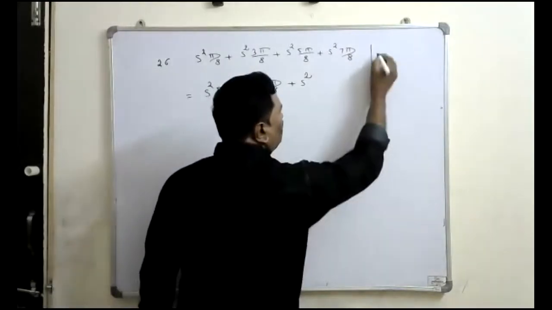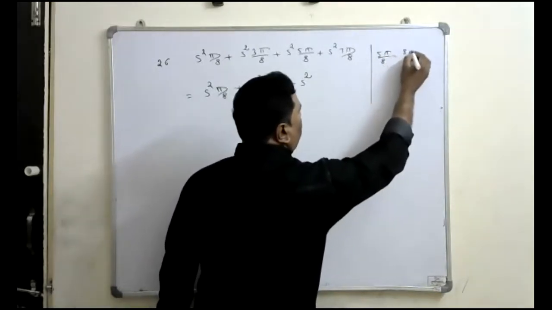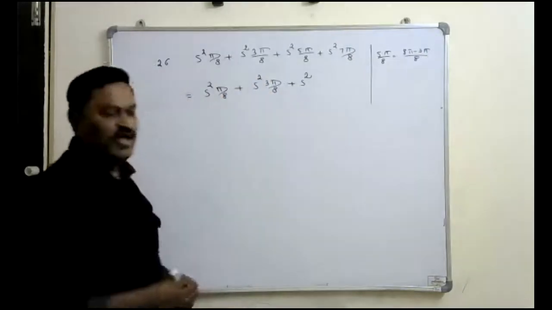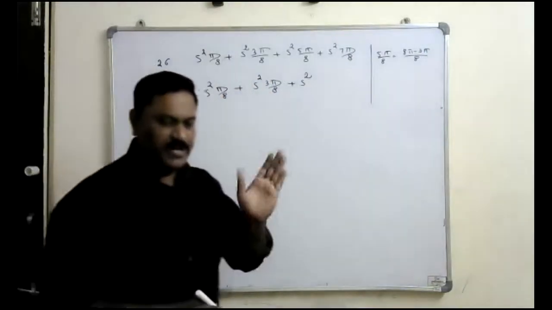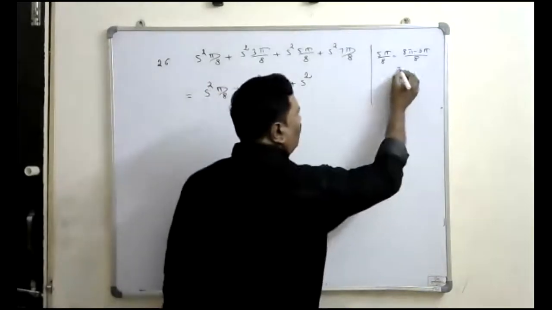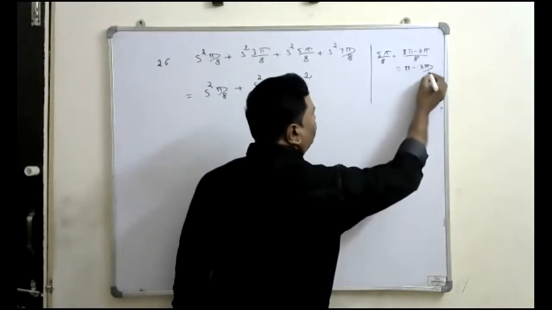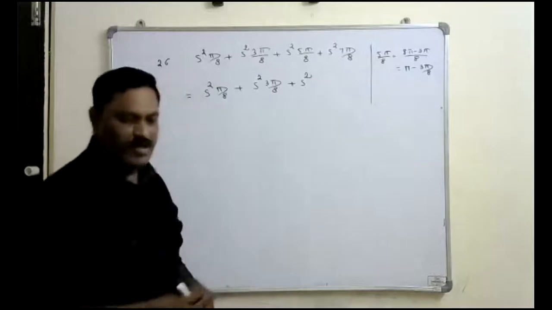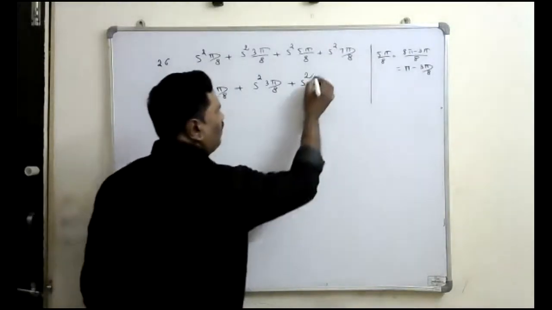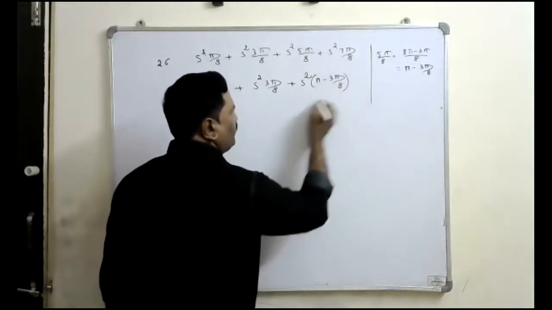Here the angle is 5 pi by 8. This 5 pi, I can write as 8 pi minus 3 pi. So 5 pi by 8 we can write as 8 pi by 8, which is pi, minus 3 pi by 8. Means 5 pi by 8 we can write as pi minus 3 pi by 8.